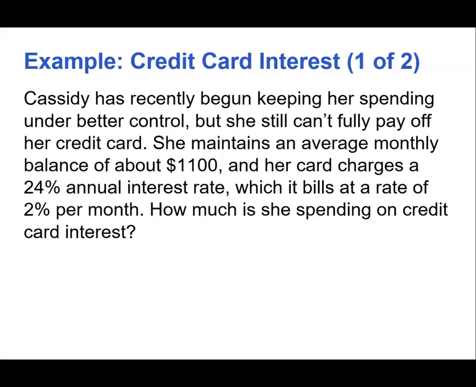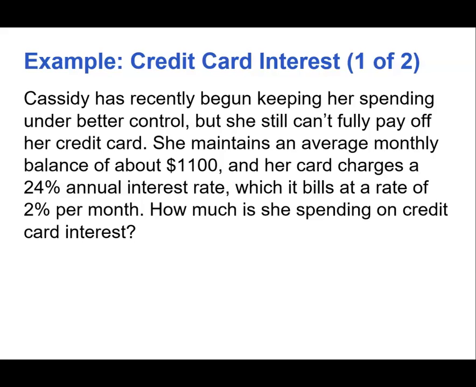So here's an example. Cassidy has recently begun keeping her spending under better control, but she still can't fully pay off her credit card. She maintains an average monthly balance of about $1,100, and her card charges a 24% annual interest rate, which it bills at a rate of 2% per month.